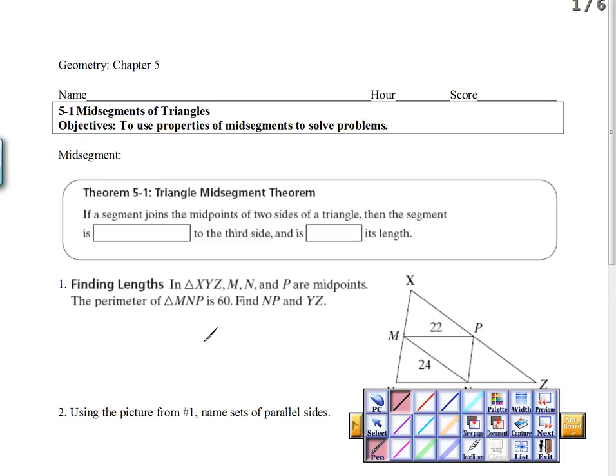Well, since our learning target was to use properties of a midsegment to solve problems, we kind of need to know what a midsegment is. A midsegment of a triangle is a segment connecting the midpoints of two sides of a triangle.